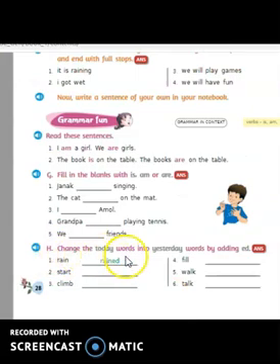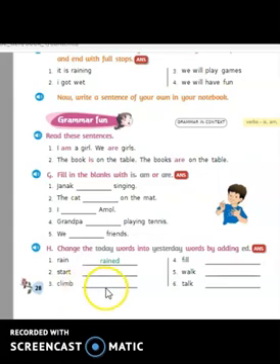Change the today words into yesterday words by adding ed. You just add ed at the end of the verb. Okay. First one, rain. You add an ed and it becomes rained. Next, start. You add ed, it becomes started.